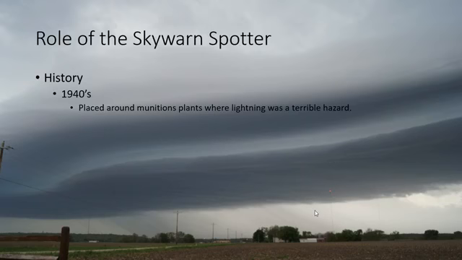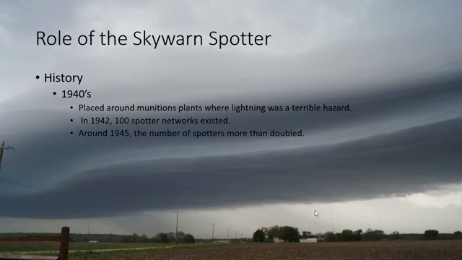They were originally very loosely organized groups. In 1942, there were about 100 spotter networks that existed at that time. In 1945, the number of spotters had more than doubled, which is pretty cool.